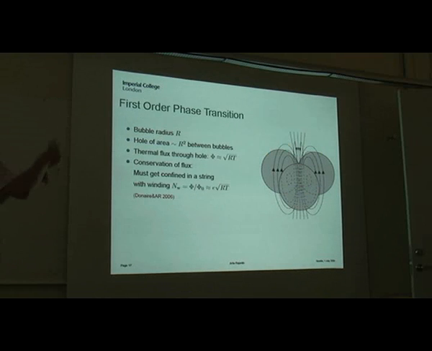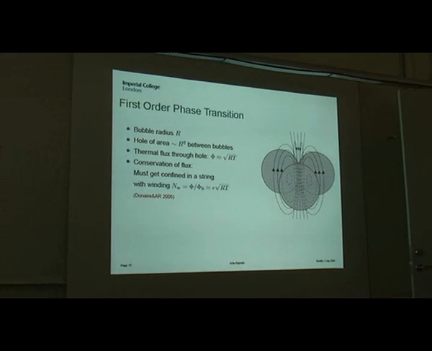It's basically just calculating the energy of a dipole of that size, and you find that the typical flux, the flux of course can be positive or negative, but the typical value, the root mean squared value, is the square root of r, the radius of the bubble, times temperature.